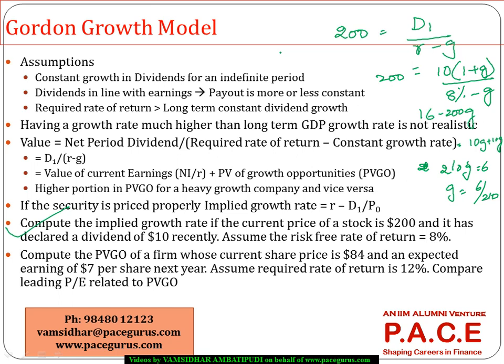But in reality, sometimes for the next few years the dividend can grow at a different rate, and after that, they may grow at a constant rate. So all those kinds of reality pictures will come into the picture, but this particular model very clearly assumes that the dividends are planned to grow at a constant rate from the next period onwards forever, right?